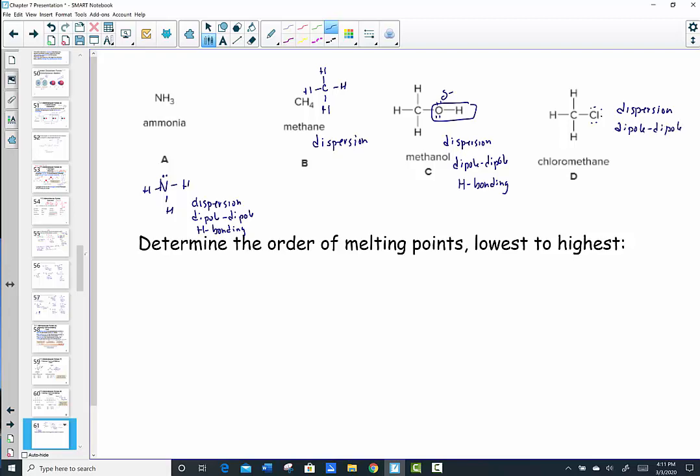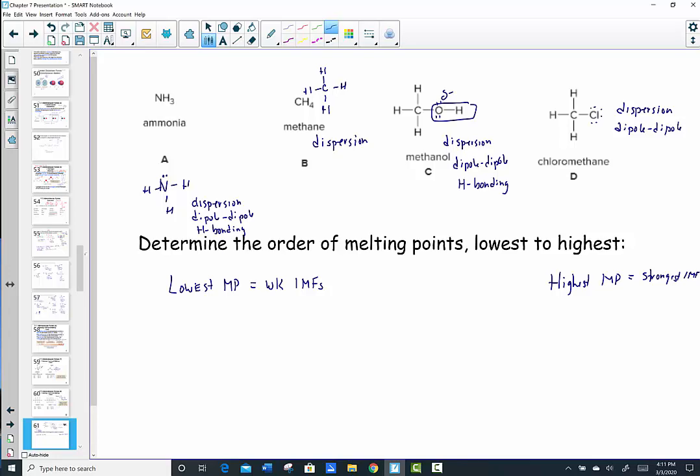Now that we've got all the intermolecular attractions figured out, the lowest melting point has the weakest attractions. The highest boiling point, or melting point, has the strongest IMFs.